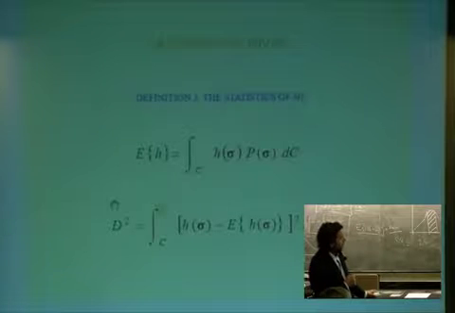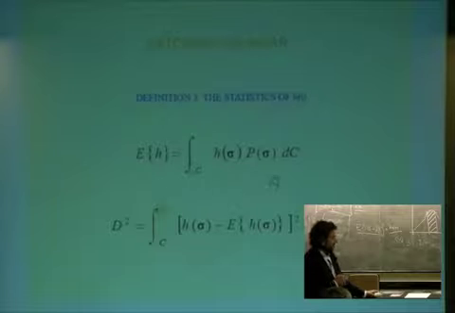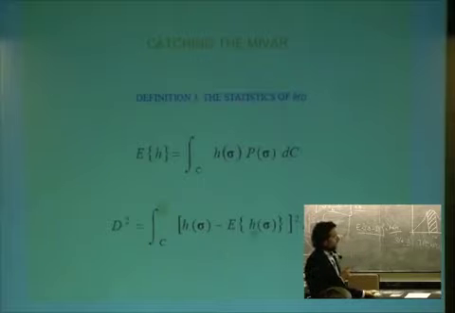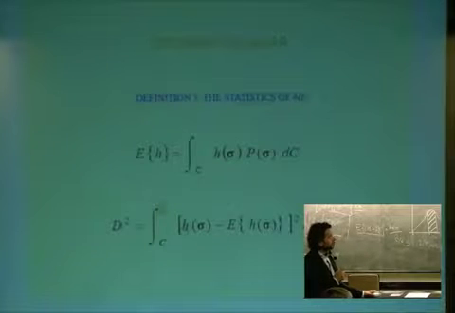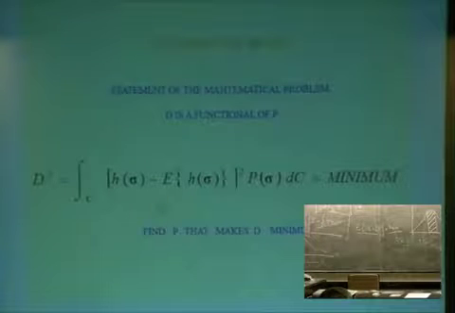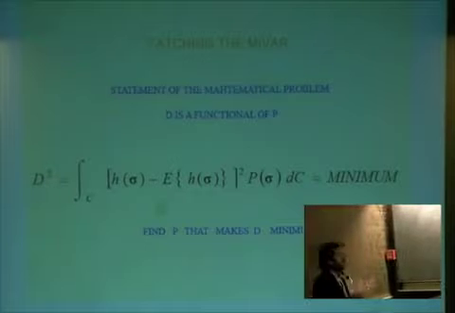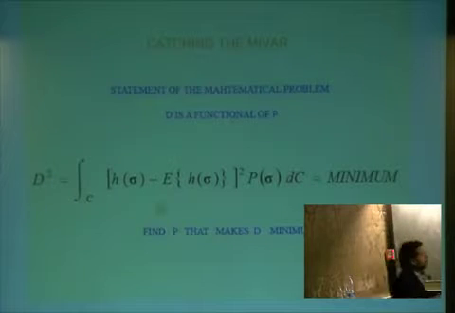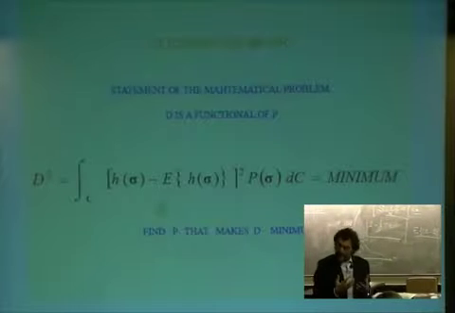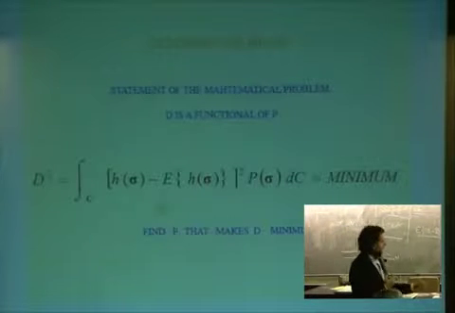Then we can define the average of the impulse response, just considering this integral, and then there is the variance of the impulse response, just taking the square of the difference between the single sample and the average. So we want to minimize this integral. The statement of the mathematical problem is: this is a function of p, so find p that makes it a minimum. The nice thing is that, although the problem seems quite complicated, it is possible to find an analytical solution.